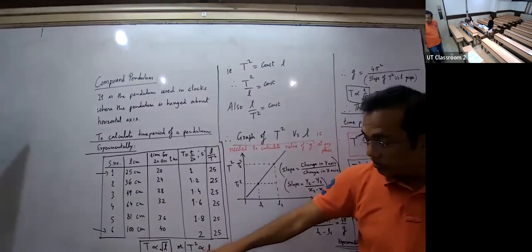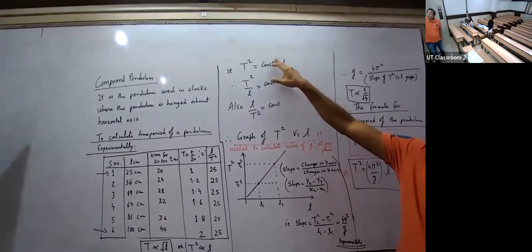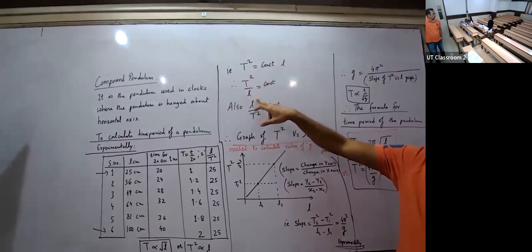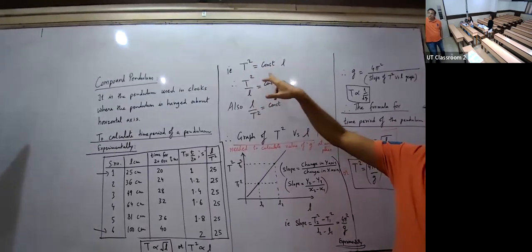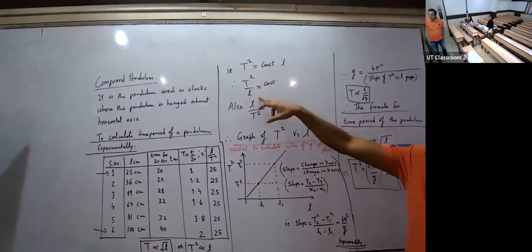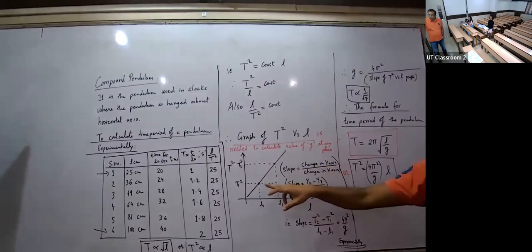So therefore T square must be equal to some constant times L, right? So what is this constant? This constant will be equal to T square by L, which mathematically tells me that when I plot a graph of T square versus L, then I must get a straight line. The slope of the straight line is constant.